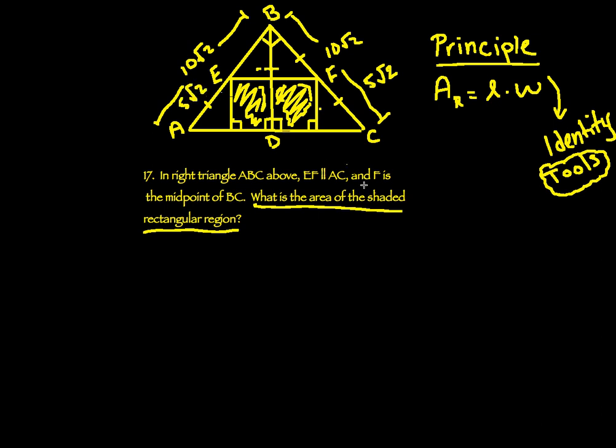Now, what else can we find out from this? If these lines are parallel, we can unpack from those parallel lines with a transversal coming across, and this is another principle of this particular problem, parallel lines, that this angle is exactly the same as that angle.